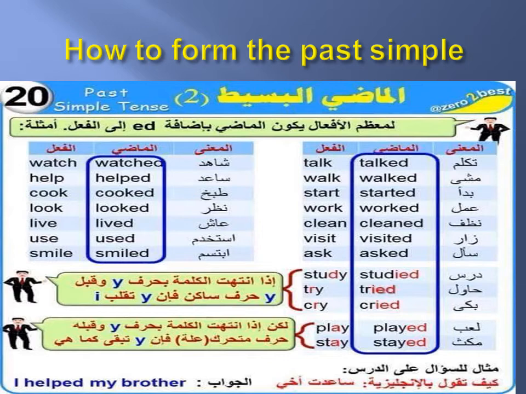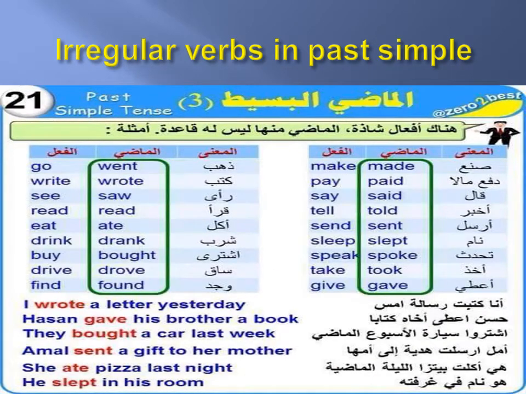The third way to make a past form of the verb, we call it irregular verbs. Irregular means it has no rule to go on. So we have to keep in mind and know such verbs well, like go, went, write, wrote, see, saw, read, read, eat, ate, drink, drank, and so on.